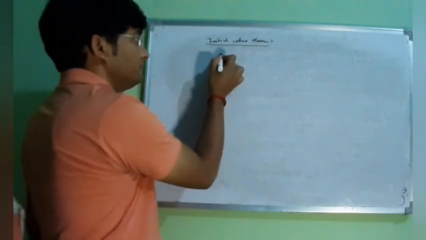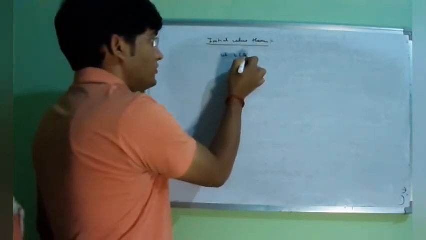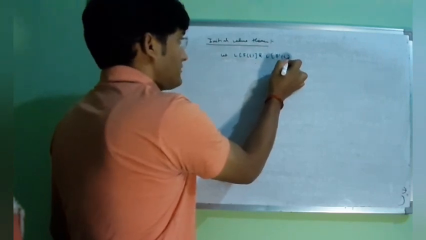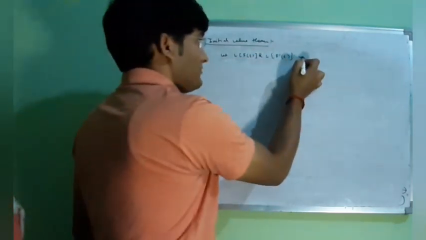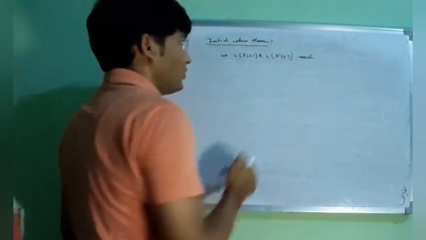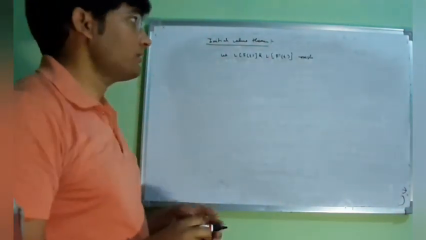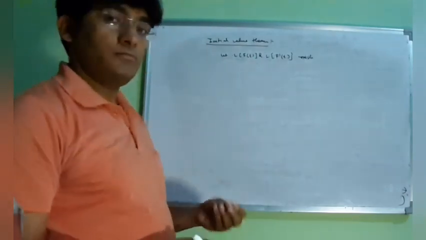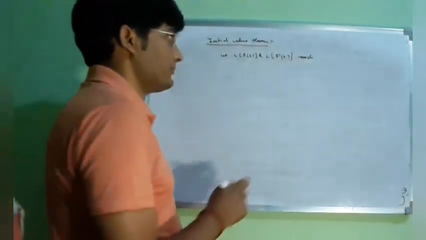Suppose that Laplace of f(t) and Laplace of f'(t) exist. That means both f(t) and f'(t) are piecewise continuous and both of them are of exponential order.